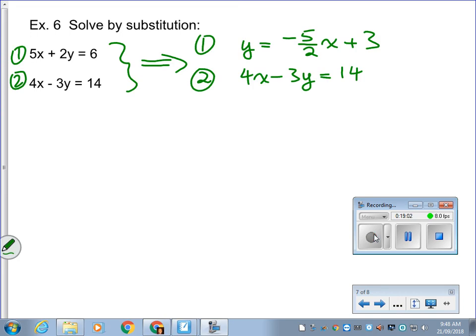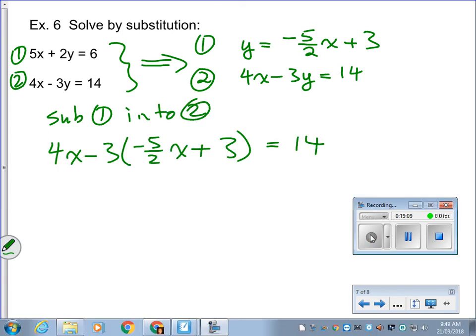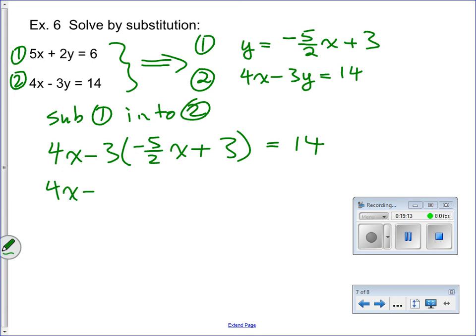So there we go. Do our substitution. Sub 1 into 2 equals 14. So now let's distribute. We have 4x minus 3 times negative 5 over 2 is positive 15 over 2 x, minus 9 equals 14. Now, I hate that fraction.